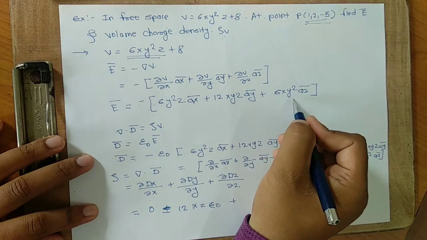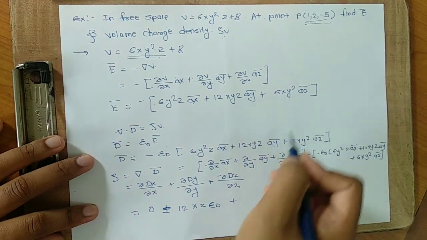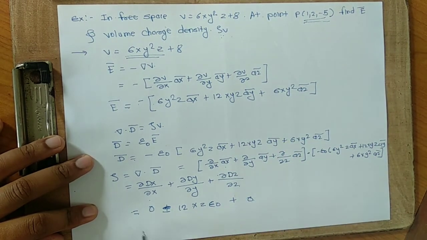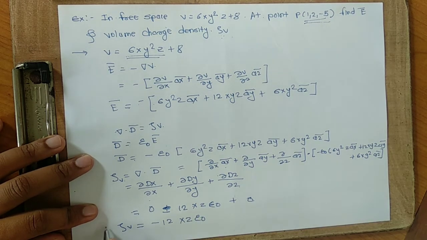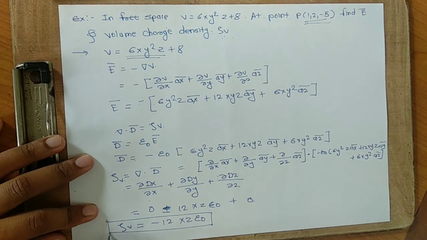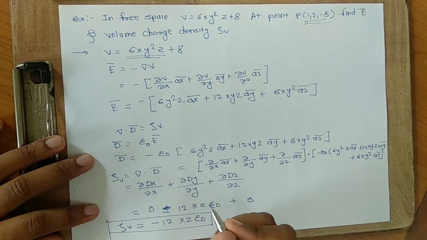Plus with respect to z, this 6xy square is 0 with respect to z. So what is rho v? Rho v we got is minus 12xz epsilon 0, and this question is for 10 marks.